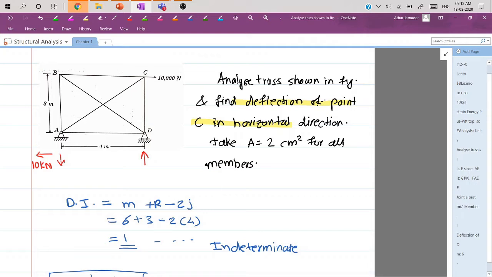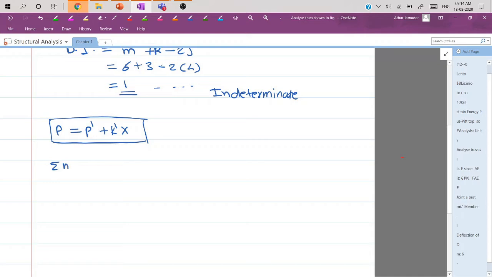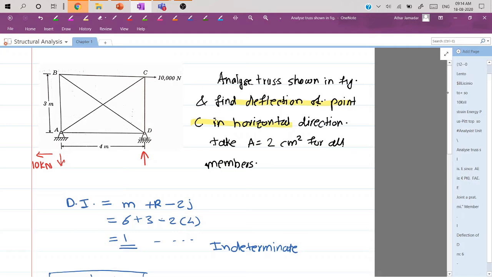Now take summation of moment about point A equal to 0. RD will act in the anti-clockwise direction, so it is RD into 4, and this force of 10 kilonewton will act in clockwise direction, so that will be positive 10 into 3, and RD will be minus RD into 4.